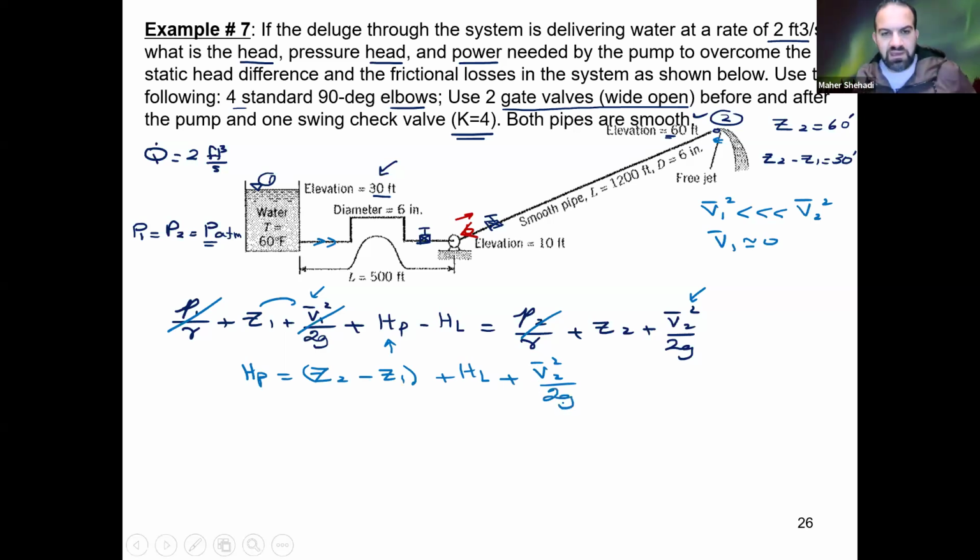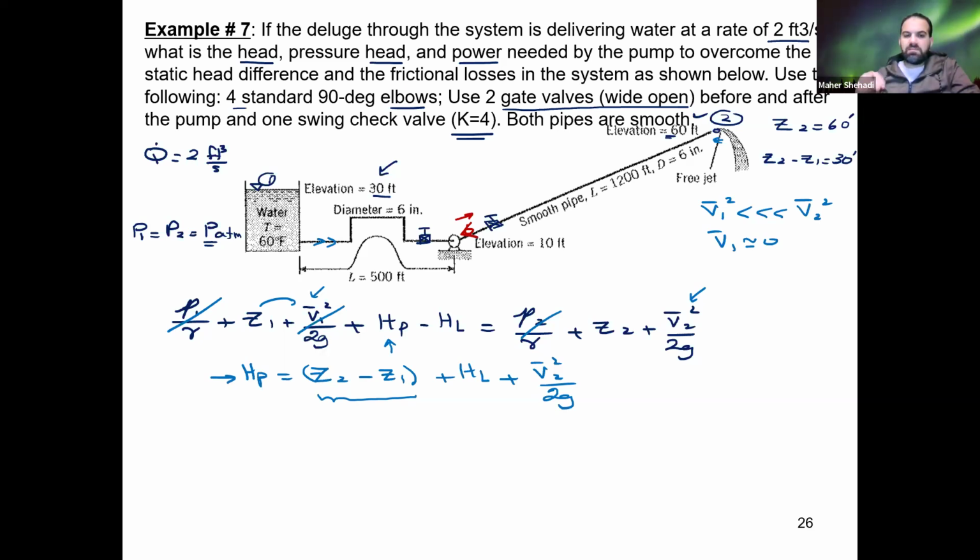Before we do any calculation, let's look into this equation. What does it mean? The pump needs to supply the elevation difference. So it needs to lift the liquid from Z1 to Z2, and that's why it's a positive value here. Again, we're trying to find the required head for the pump, which would give us the pressure needed and the power.